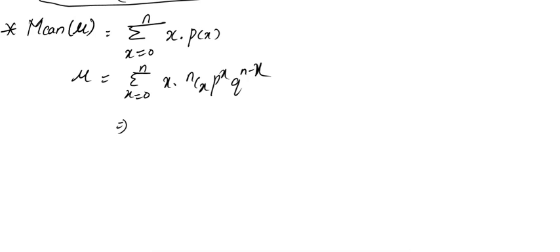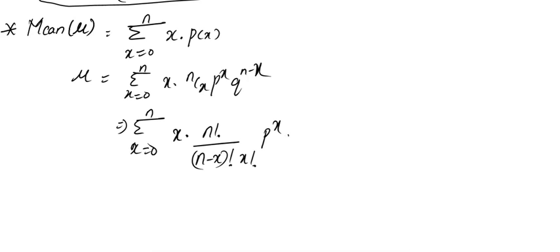The next step, we can apply the combination formula, summation x is equal to 0 to n x into nCx can be written as n factorial by (n minus x) factorial into x factorial. The rest all terms we are retaining the same, q power n minus x.